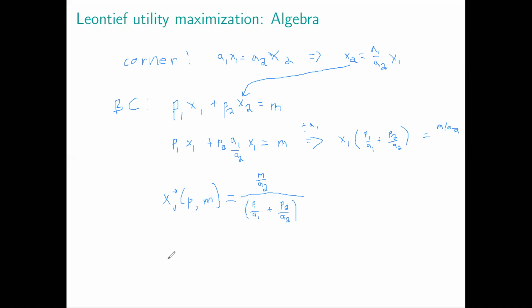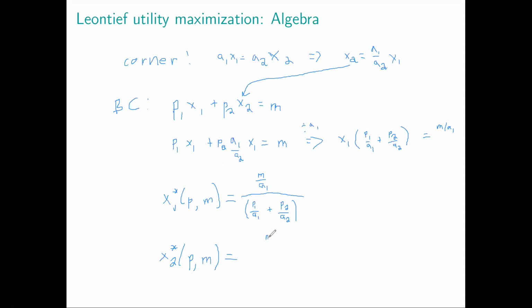We can also do this for x2 star. If we do this, we can just plug it in and simplify things. Oh, sorry, this is supposed to be an A1 here, and then A1 there.